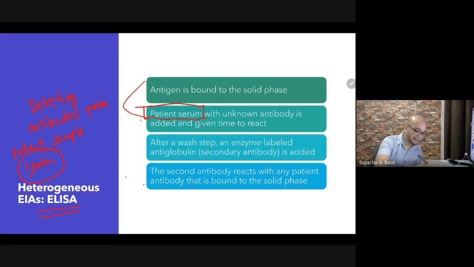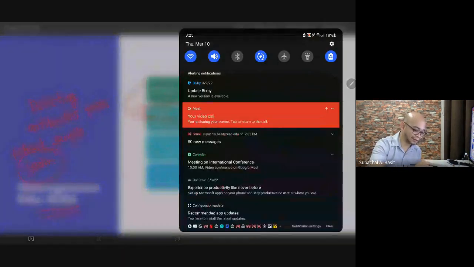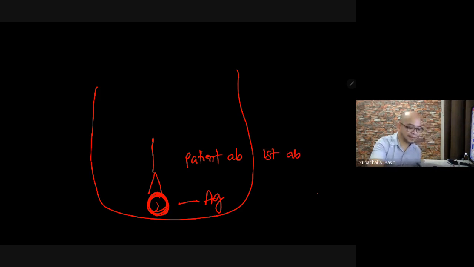So let me draw this. This is the solid phase. This is the antigen. And then the patient antibody is bound here. The patient antibody is the first antibody.